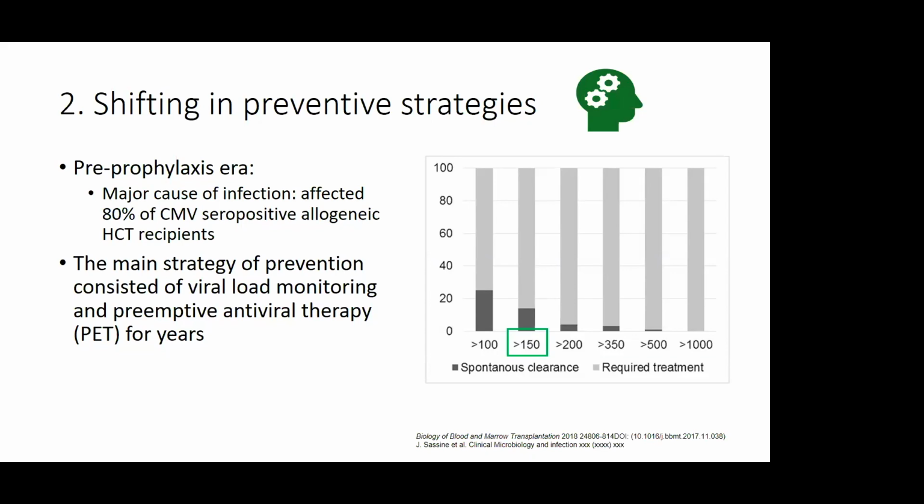So very low. This is 150. While if they reach 1,000 copies per international units per mil, 100% of the people who reach 1,000 have never been able to control the virus. So all these in gray needed post-exposure prophylaxis. Essentially, you're giving post-exposure prophylaxis at some stage to everyone.